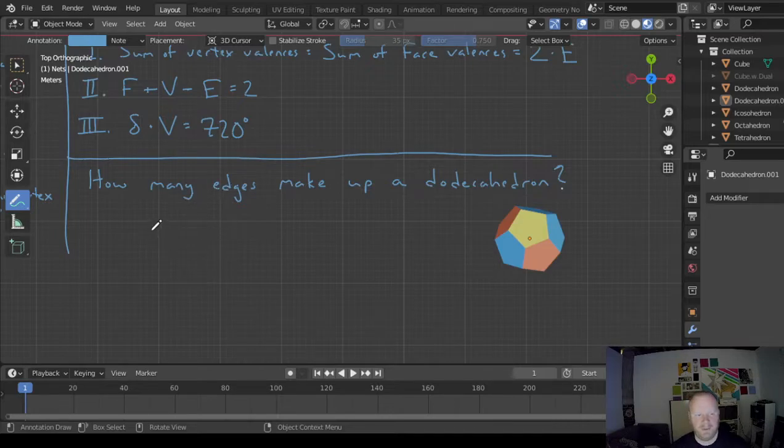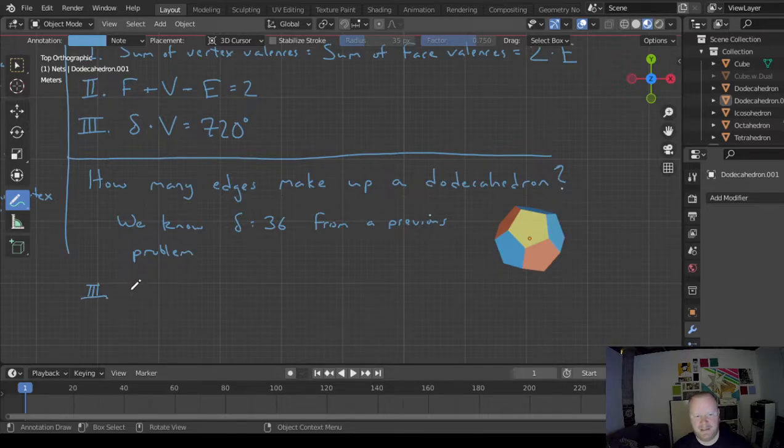But we know that the spherical deviation is going to be equal to 36 from a previous problem. So we know delta is equal to 36 from formula 3.